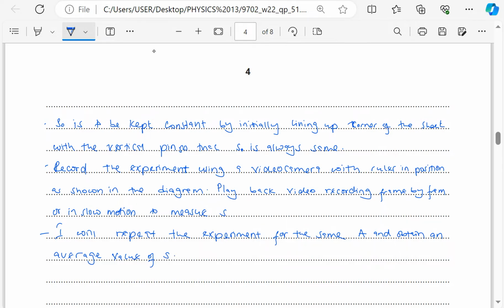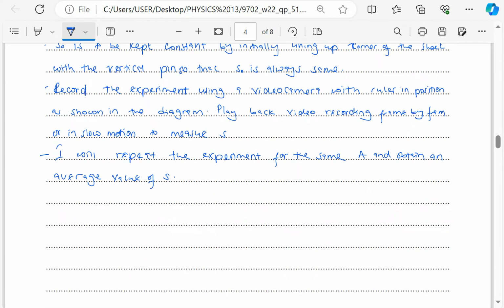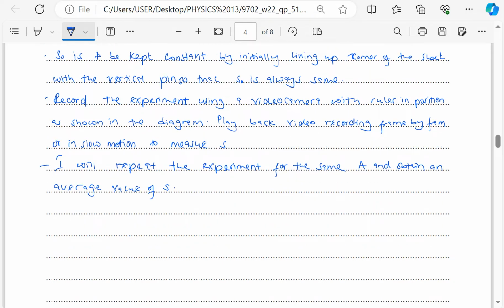Okay, so the next thing is now to change A, because A was our independent variable. So I will change the area, or I will get a sheet of a different area.